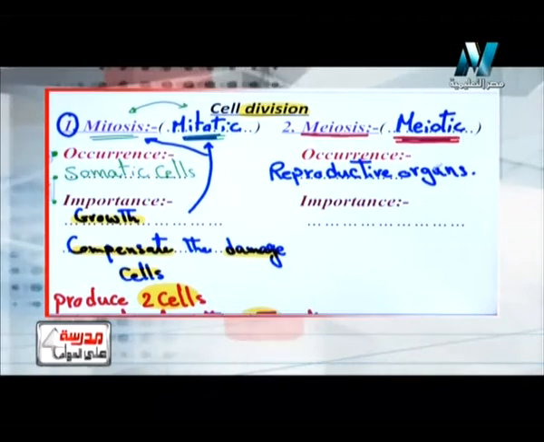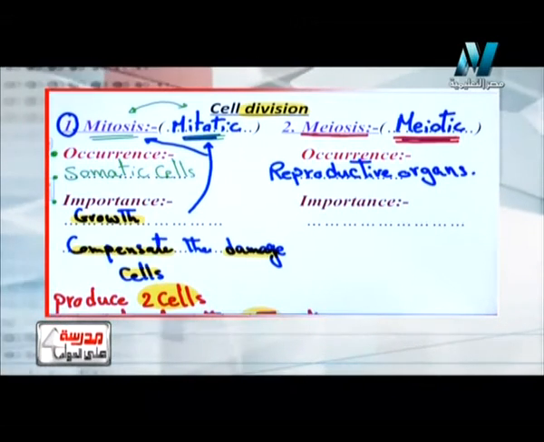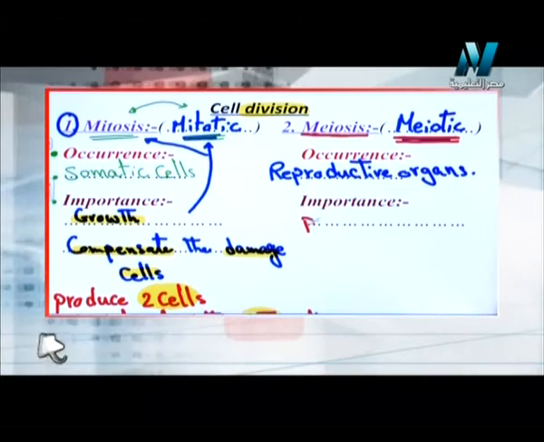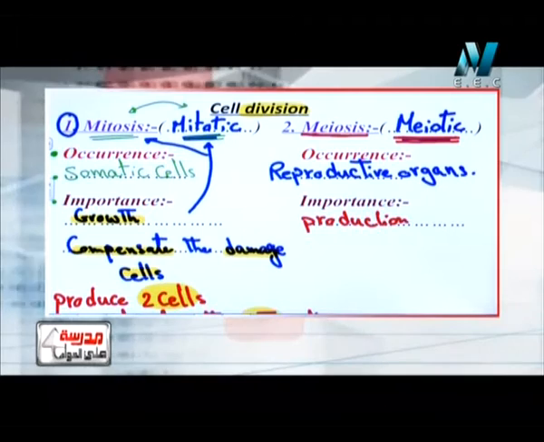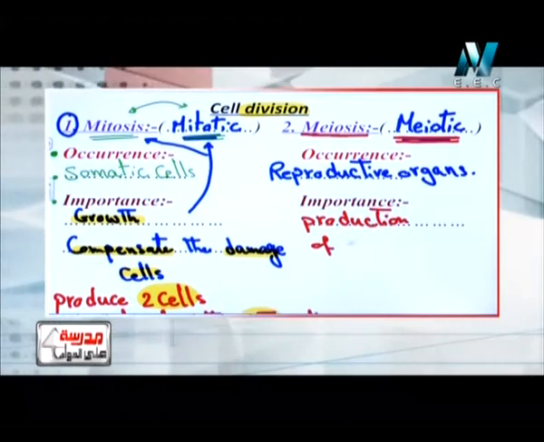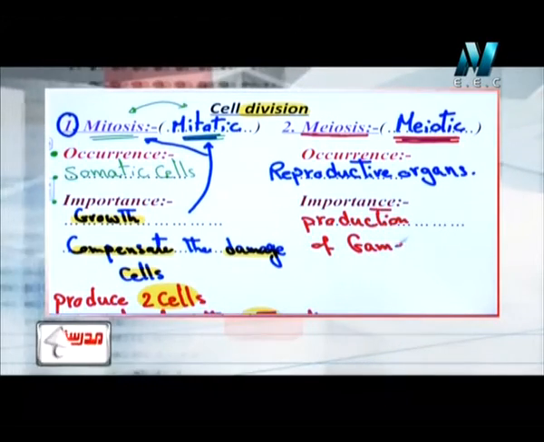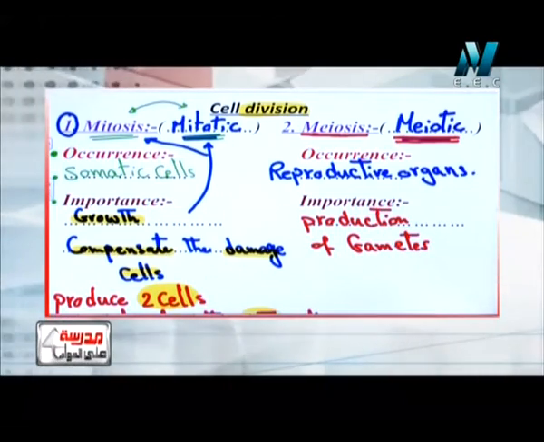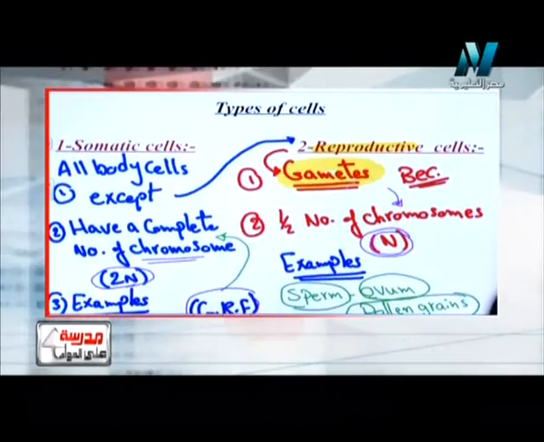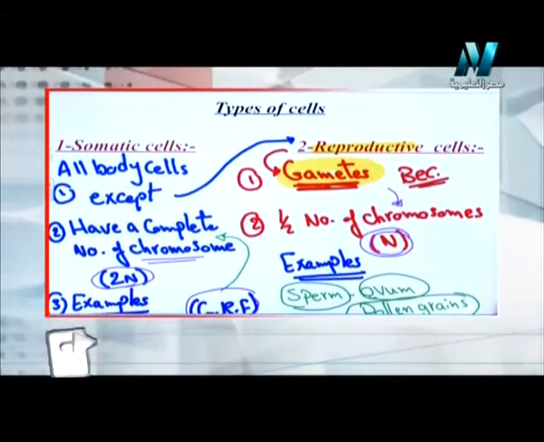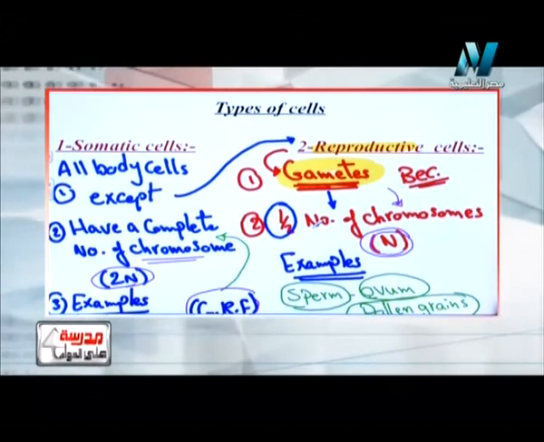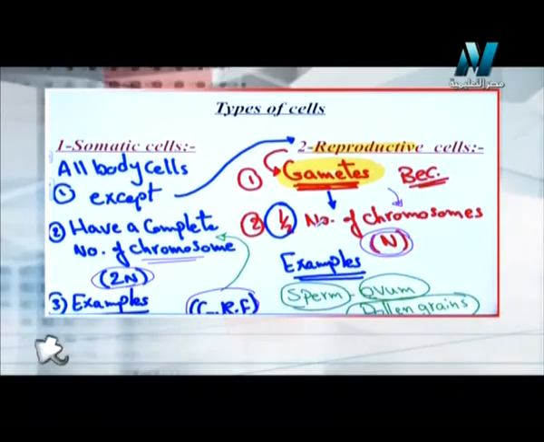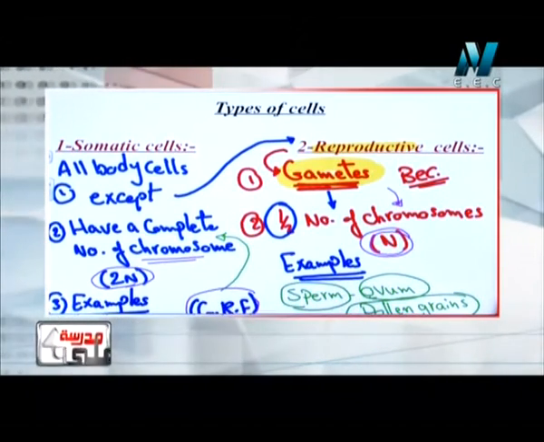So the importance of meiosis division is the production, what comes out? Of gametes. Didn't we agree that there is something called gametes? Gametes are what? Gametes have a half number of chromosomes. So the meiosis division helps in what?